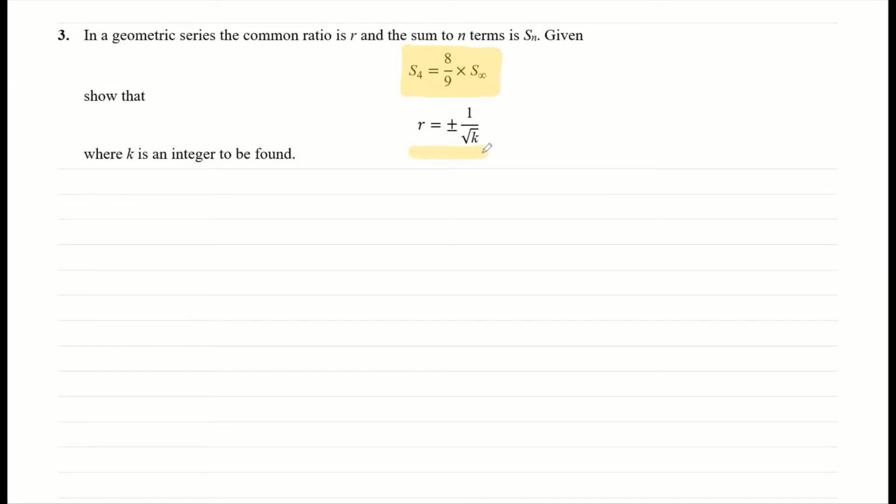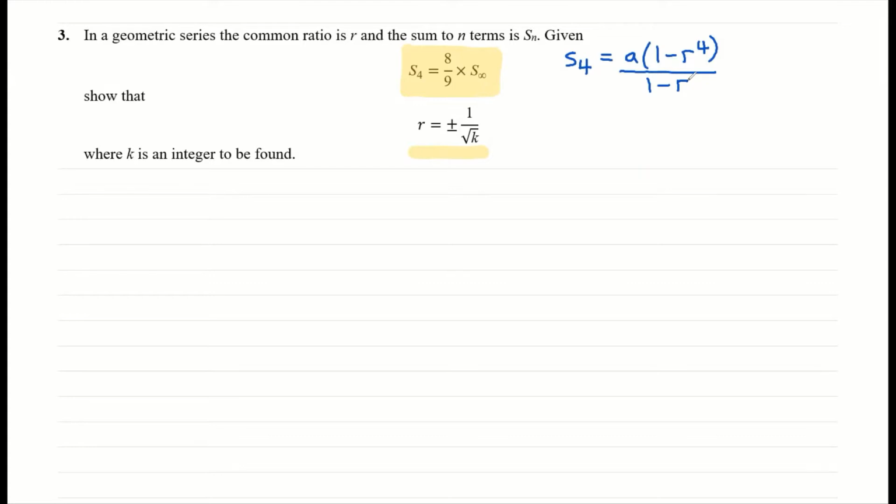Well, let's just make a note of what we can deduce from the formulas that we already know that are given to us in the formula book. So we know that S4 is equal to a multiplied by 1 subtract r to the 4 over 1 subtract r. We know that.